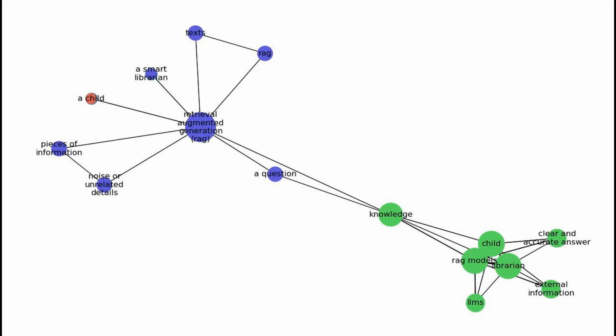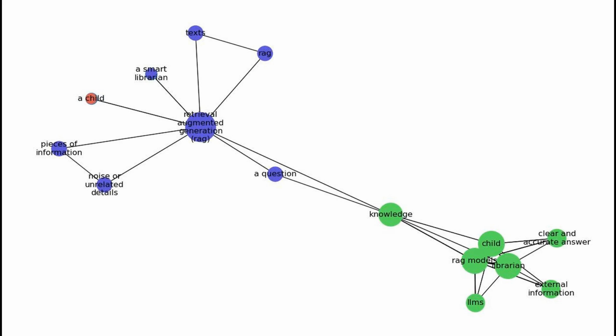However, just like sometimes books can have extra or confusing information, the pieces RAG finds might include some noise or unrelated details. To make sure the answer is clear and useful, more advanced RAG models have been created that not only retrieve this information, but also refine it.